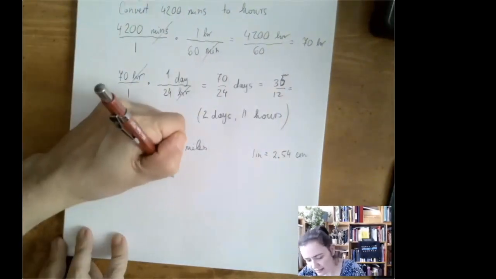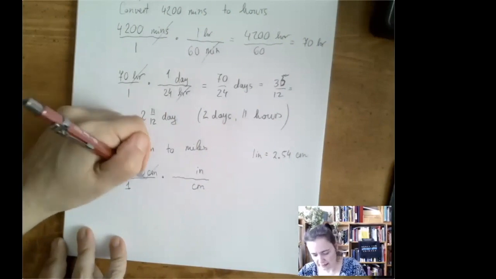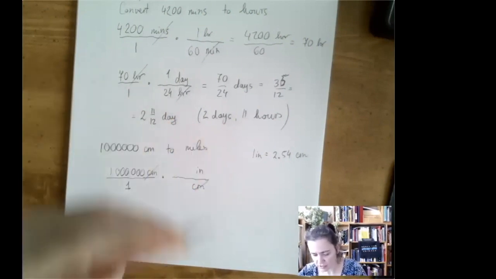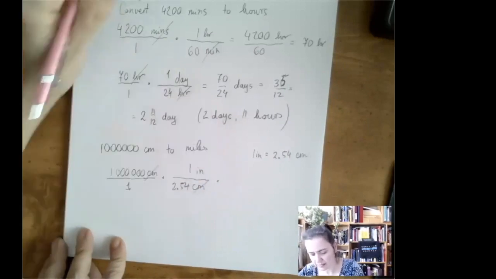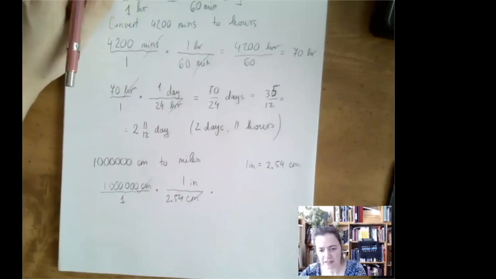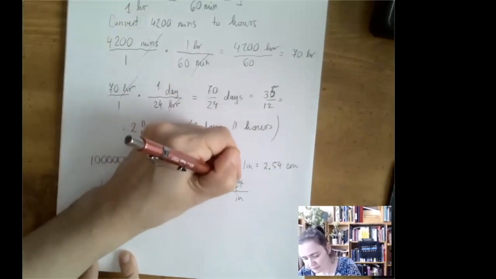So we can get rid of the centimeters and bring in the inches. Cancel, cancel. Now we're in inches, and 1 inch is 2.54 centimeters. Now that we're in inches, we can go into feet, right? We can get rid of the inches and bring in the feet.